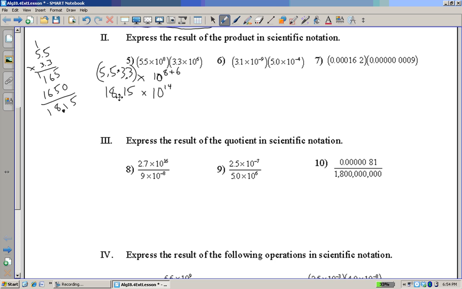So we need this decimal place. We need one non-zero digit to the left. We've got 2 right now, so we need to move this left. And this is going to go up. So 1 and 815 thousandths times 10. If you go up 1 story from the 14th story, you're in the 15th story of the building.